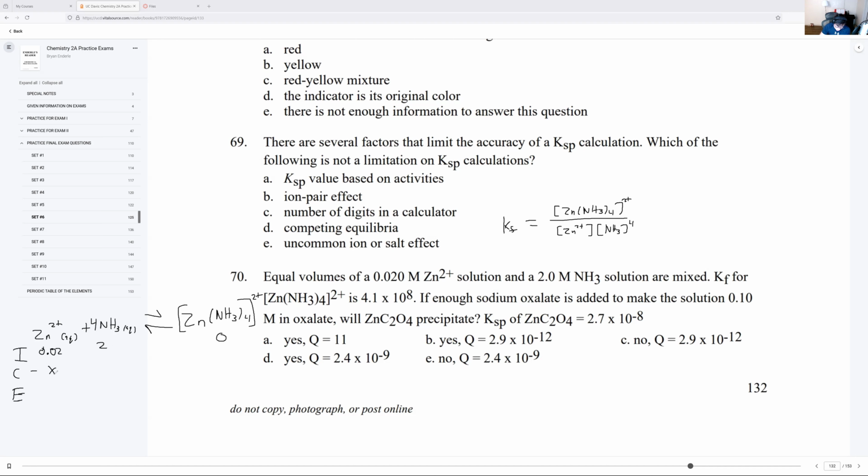We do the change: minus x, minus 4x, plus x. This is now 0.02 minus x, this is 2 minus 4x, and then this is x. Now, we're not going to use the assumption here. I think you might try, and maybe it works, but I'm actually not going to use the assumption here.